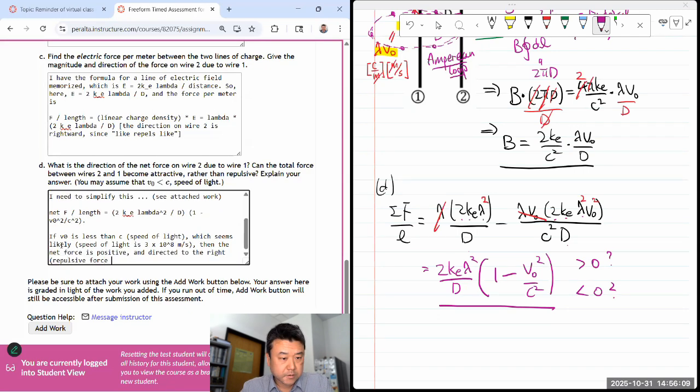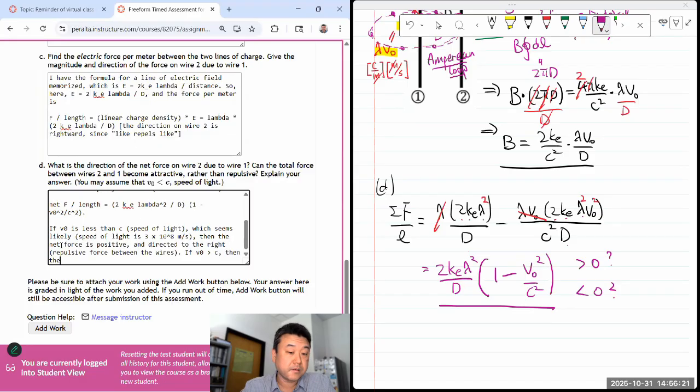Repulsive force between the wires. If v naught is greater than c, which for physical reasons you will learn later cannot happen, then the net force is attractive.